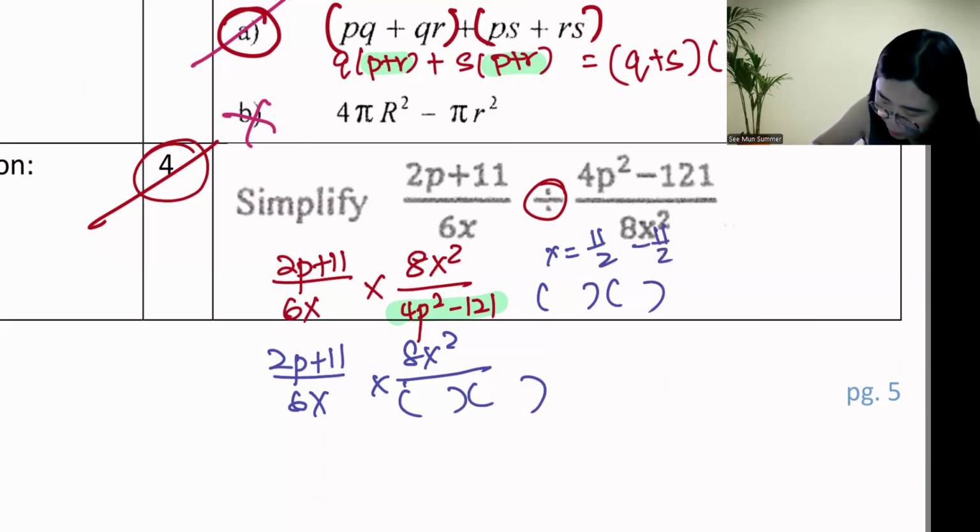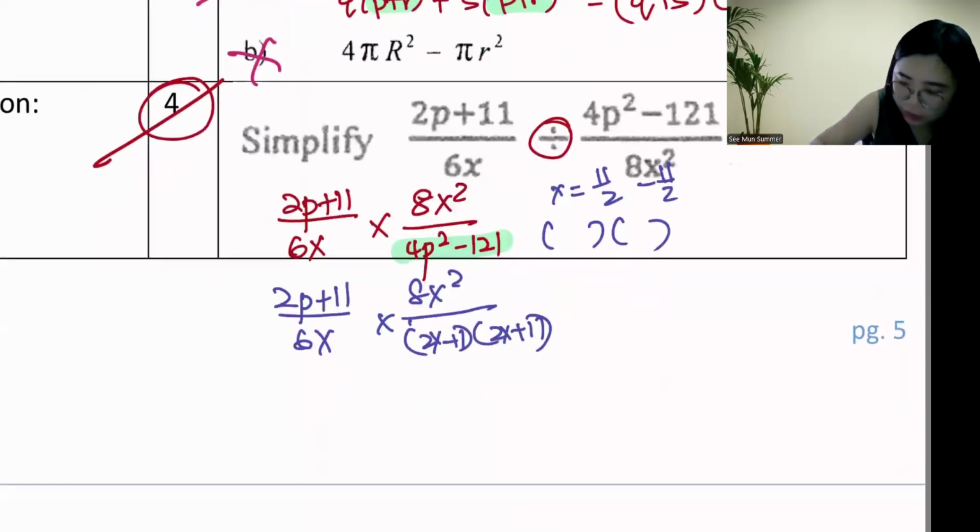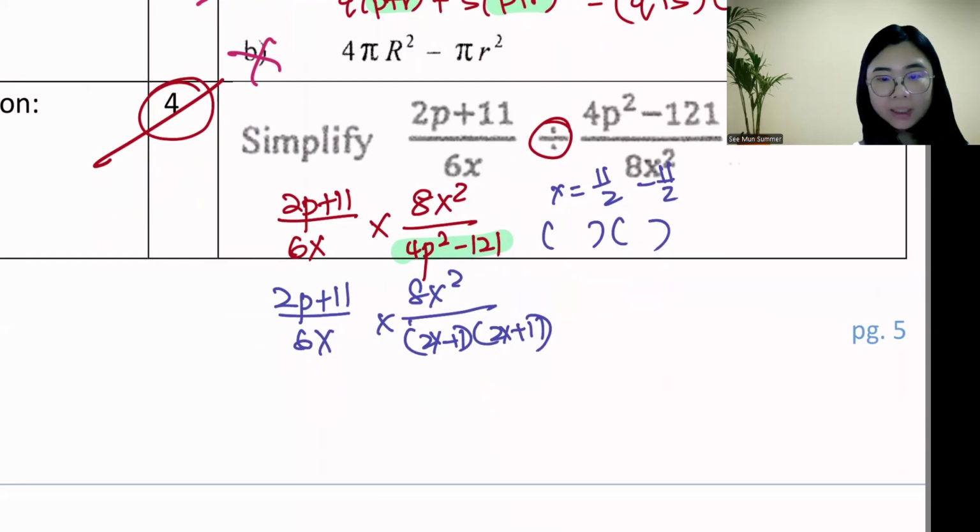So it will be 2x minus 11, 2x plus 11. Yes, good job. So now we cancel. Yeah, see, we can cancel already. 2x, P or X? Oh, P and X. Oh, 2P, P is P. How come change to X?